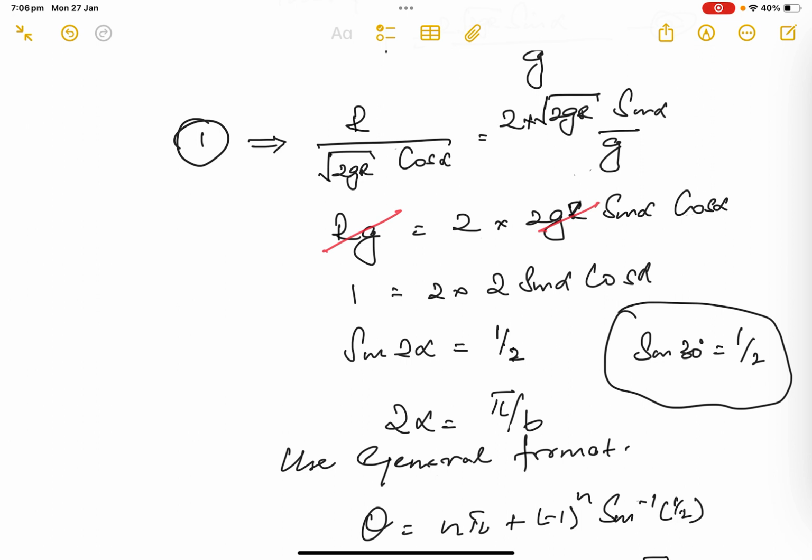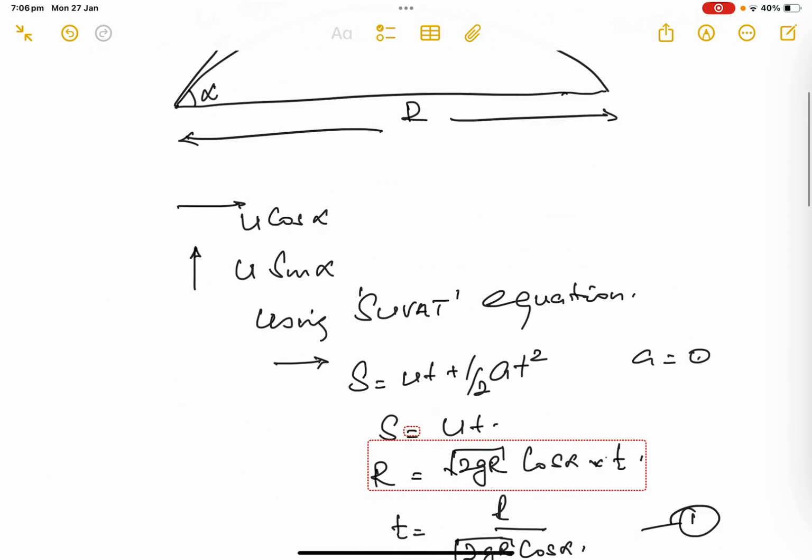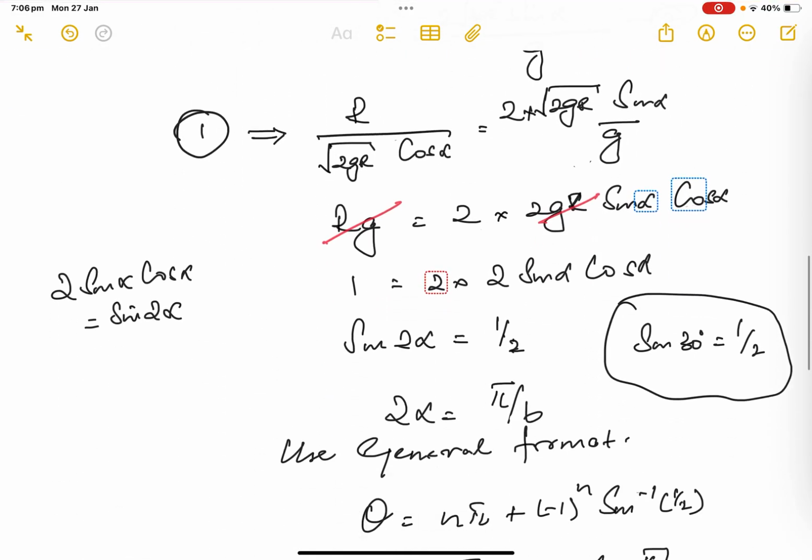The students should know, 2 sine alpha cos alpha is a standard trigonometric formula, it is sine 2 alpha. So we can use that 2 sine alpha cos alpha is sine 2 alpha.